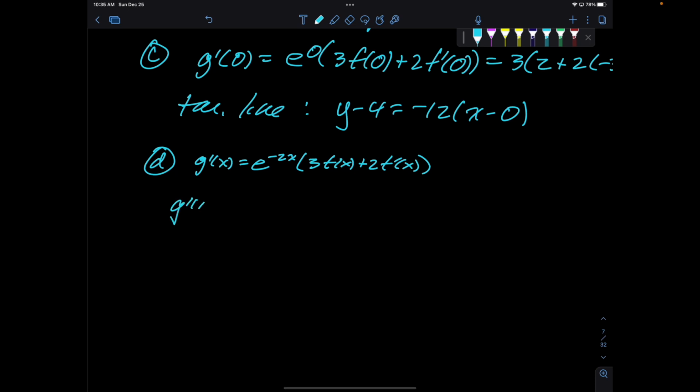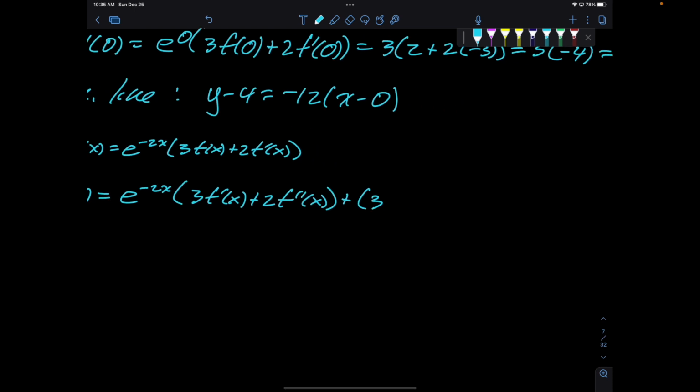G double prime. This is a product rule. So first, derivative of the second is going to be 3f prime plus 2f double prime, times the second, which is 3f plus 2f prime, derivative of the first, which is -2 e to the -2x.